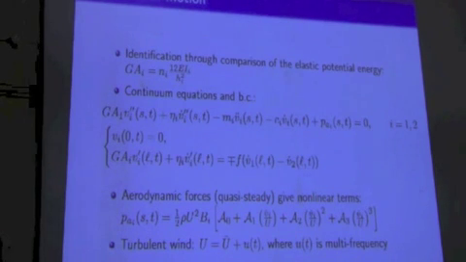You can see here the expression. I will skip details, but I will say that these terms are aerodynamic coefficients, and U, appearing here as a square, is the wind velocity, which we decompose as a steady part plus a time-dependent part due to the turbulence, assumed as multi-frequency.